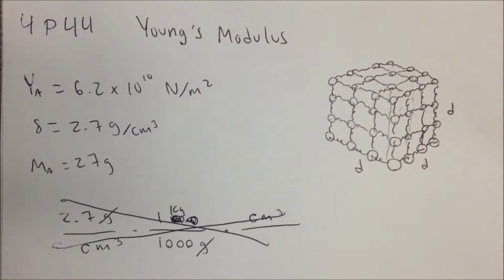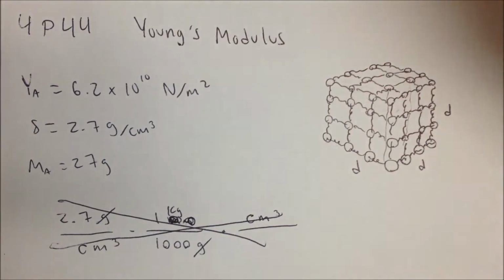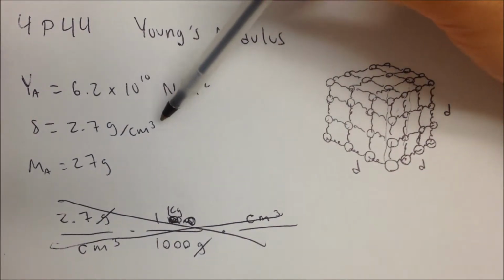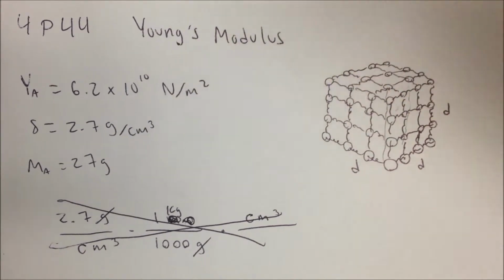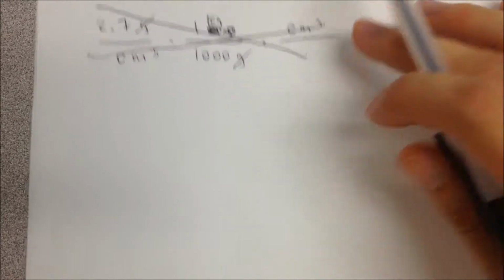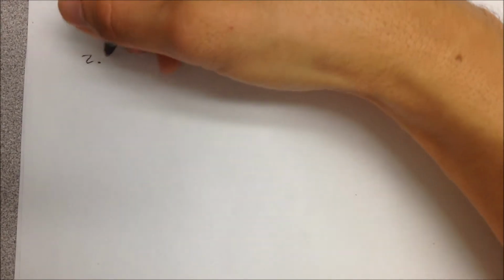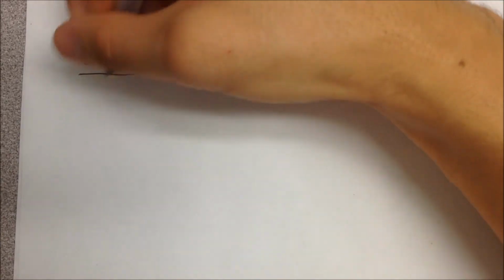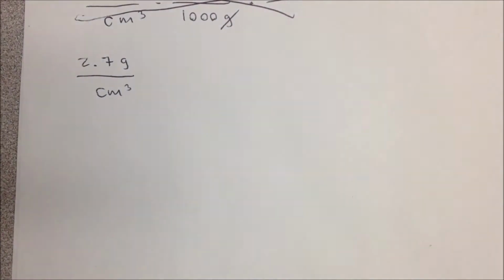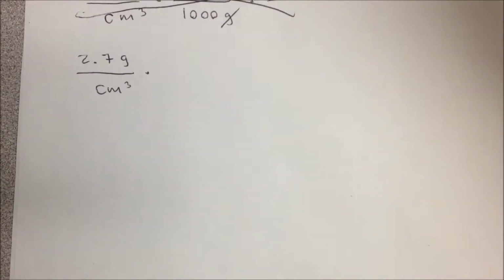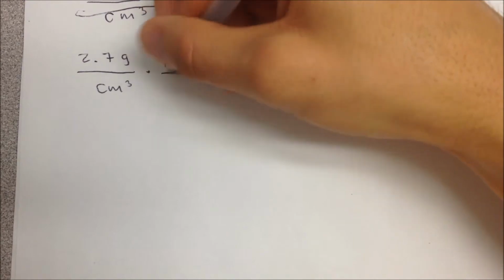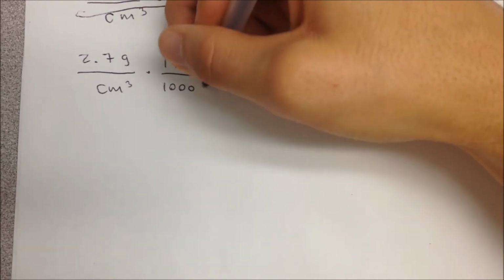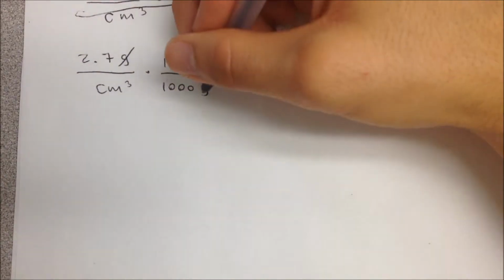So first, we're going to convert the units of the density and the molar mass to kilograms over meters cubed and to kilograms. So for density, we're going to go from 2.7 grams over centimeters cubed. To cancel the grams, we're going to multiply by 1 kilogram over 1,000 grams.